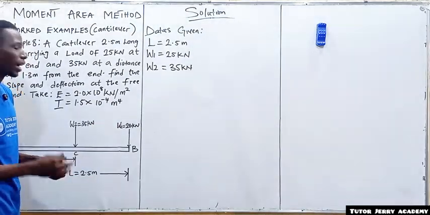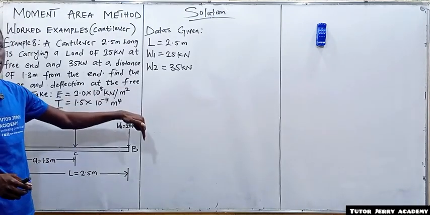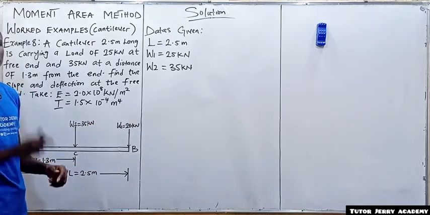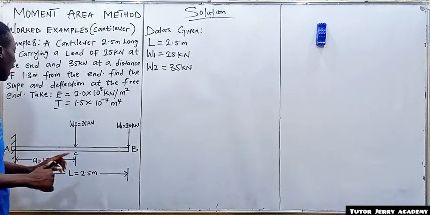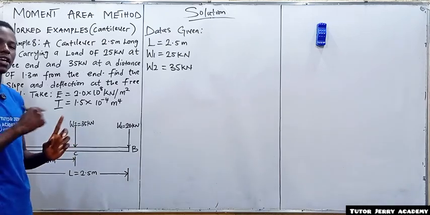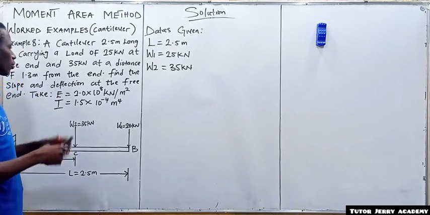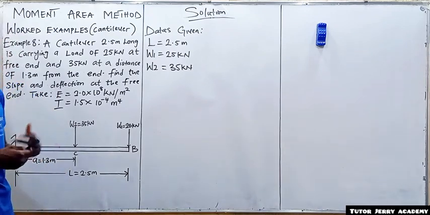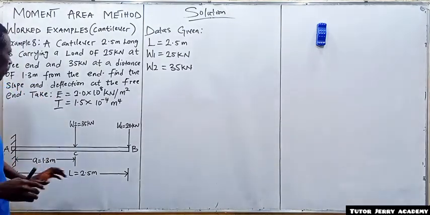So like I said earlier, for a cantilever with a point load at the free end, we got WL square all over 2EI. For a load at a distance A from the fixed end, we got WA square all over 2EI. Those were the maximum slopes we got when we considered these two cases.